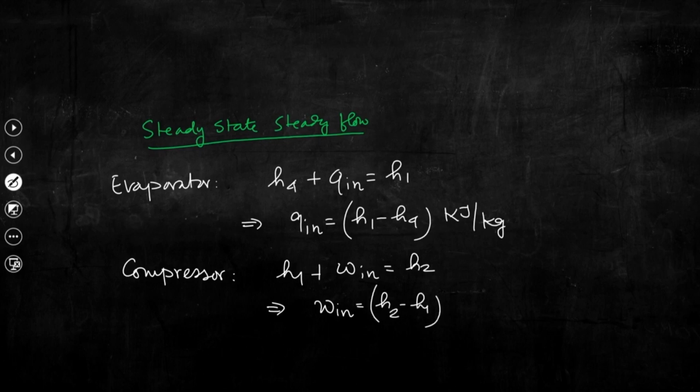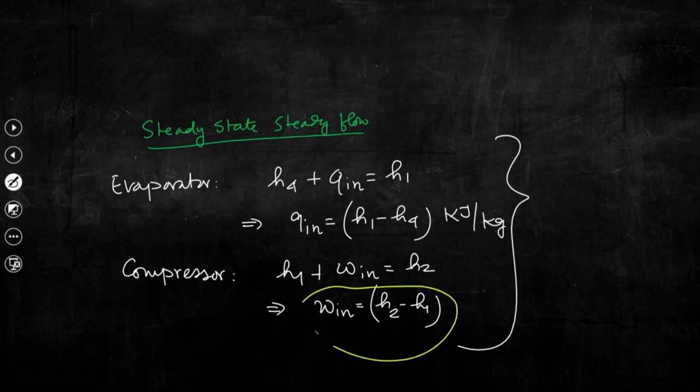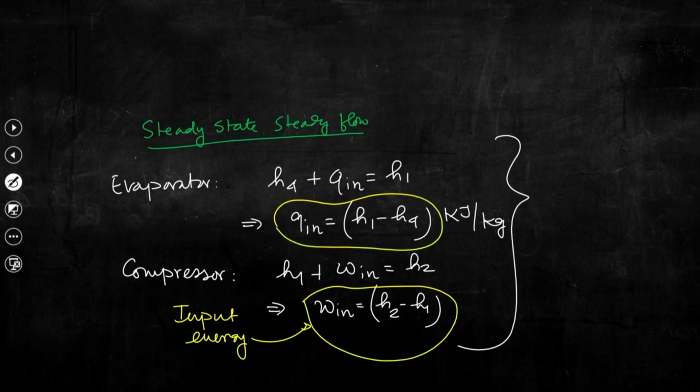Now try to understand. This is basically the input energy in the form of work, and this is the desired effect. So, we can now define the coefficient of performance.